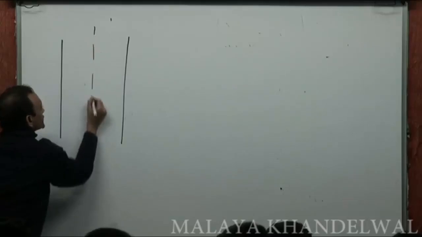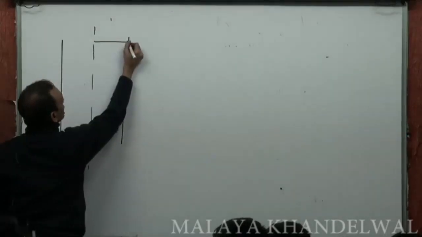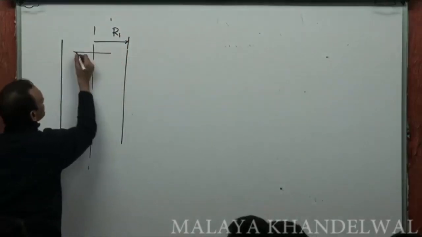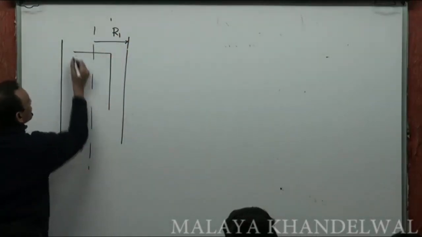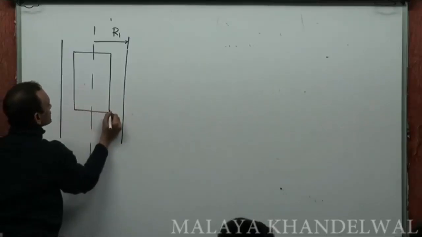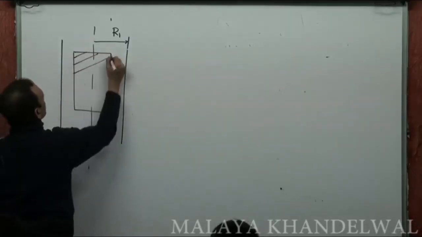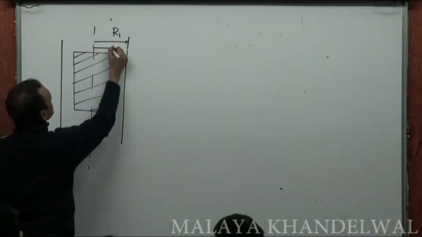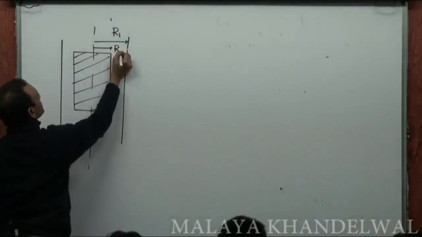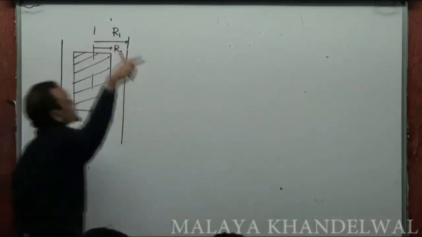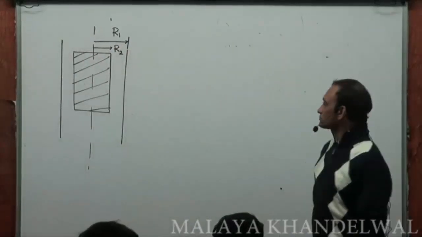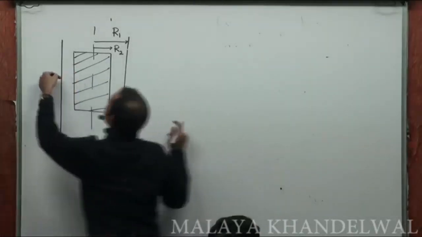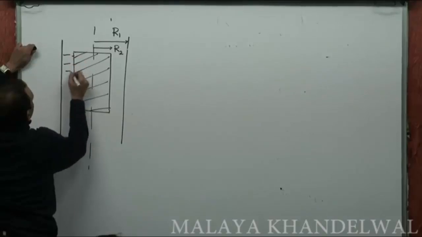Suppose this is a cylinder of radius r1 and there is a cylindrical piston in it, and the radius of this piston is r2, say. In the annulus between the piston and the cylinder, there is a lubricant.